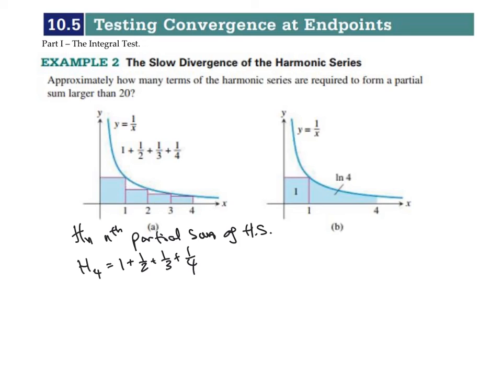And it's pretty obvious that it is less than 1 plus the natural log of 4 by comparing the two diagrams. The natural log of x, remember, was the area trapped under 1 over x between 1 and x.